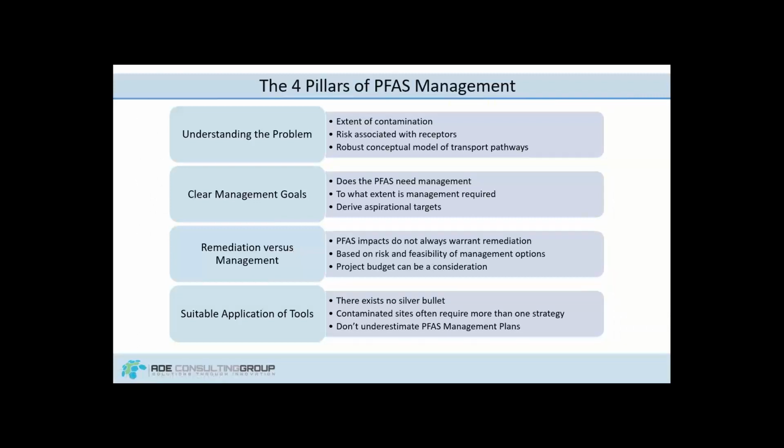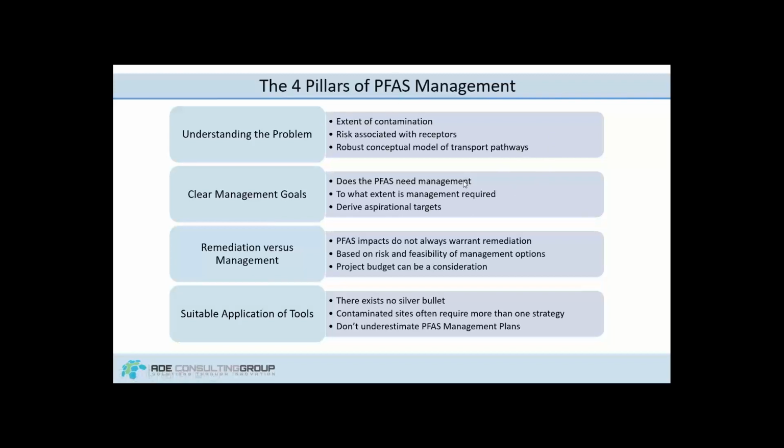So onto my four pillars of PFAS management. These are basically the key issues that I see as addressing PFAS risk. The first one is understanding the problem. So this is looking into the extent of contamination and the risk associated with receptors, and then developing a really good conceptual model of those transport pathways and deciding, can we manage this problem or does it need remediation?